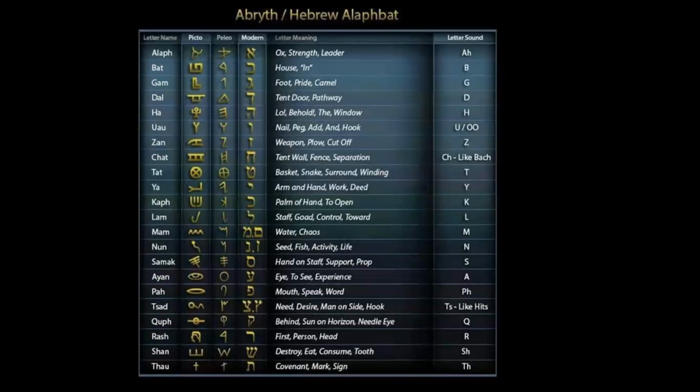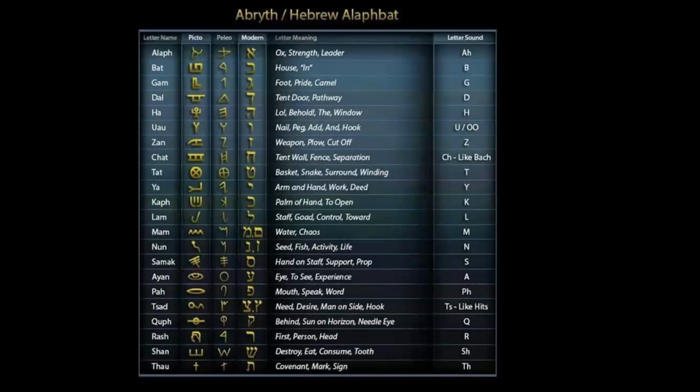For example, the Gamal and the Dalath, you'll hear instead of Gam, some saying Gimel or Gamal, or for the Dal, you may hear Dalet. For the Chat, you may find that some represent an H-A-T, Hat, because of the guttural pronunciations, etc. Nevertheless, these are the letters and their corresponding transitions and meanings.